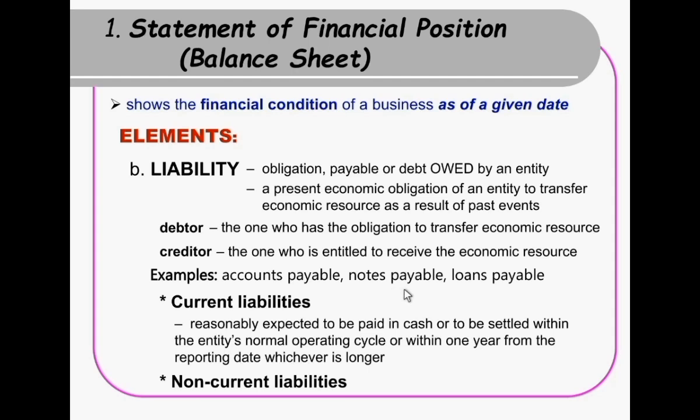What should the entity receive so that we can record the liability as notes payable? The answer is we use notes payable regardless of whether what was received is product, service, or money, as long as the entity made a written promise, as long as it issued a promissory note to the supplier or lender.